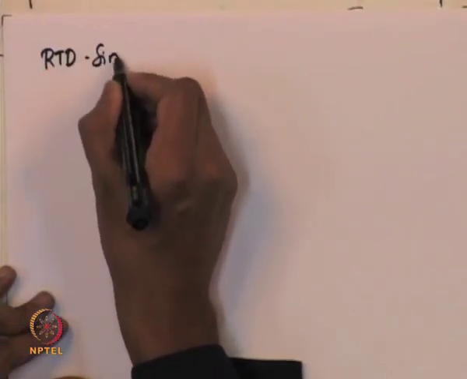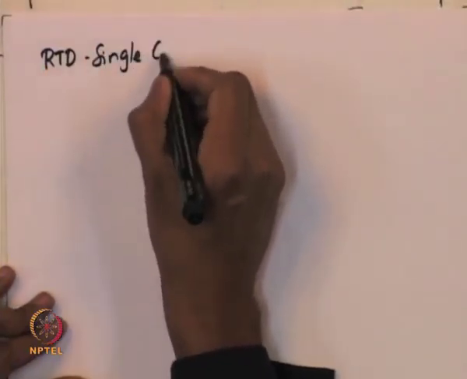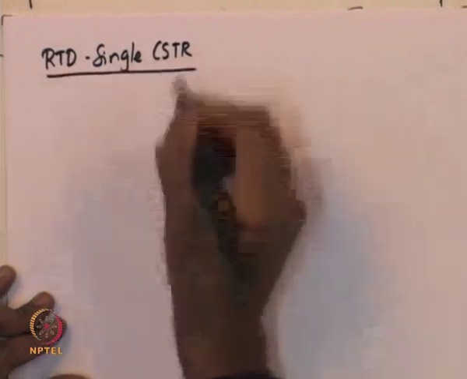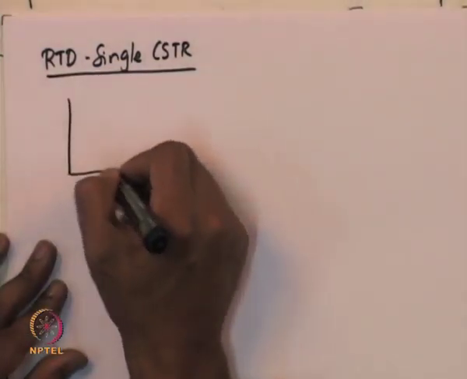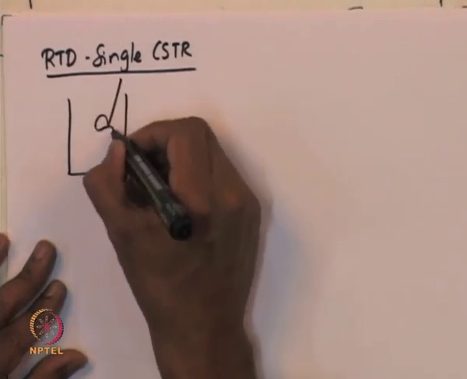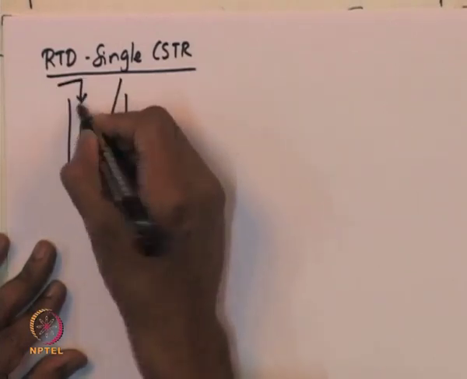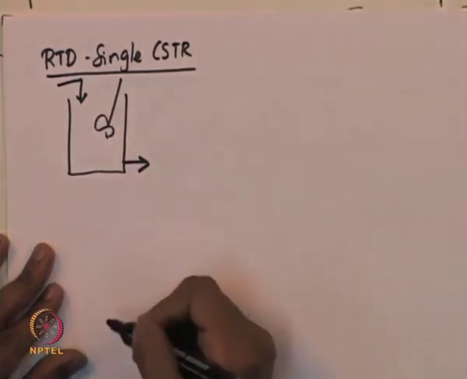Now, let us look at the CSTR case. What is the RTD function for a single CSTR? Here is a CSTR, with an inlet stream and an outlet stream.